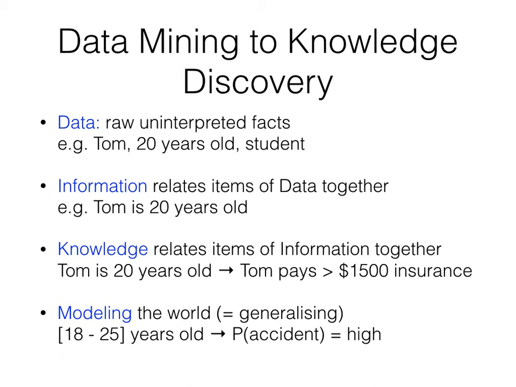So instead of saying Tom being 20 years old means that Tom pays more than $1,500 insurance, we want to generalise it for people other than Tom. So we can say something like, if someone is 18 to 25 years old, then the probability that they have an accident is high. Now it doesn't relate just to Tom, it's more general.